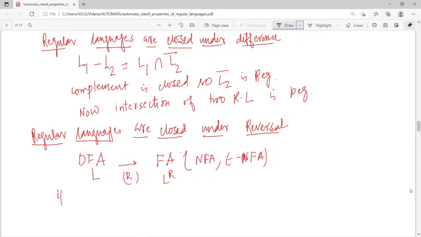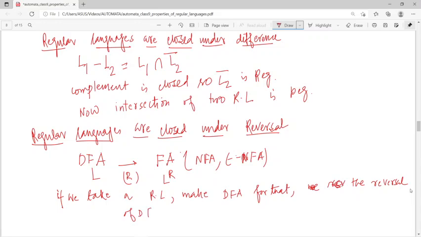That means if we take a regular language, make a DFA for that, then the reversal of this DFA will give either an NFA or an epsilon NFA.